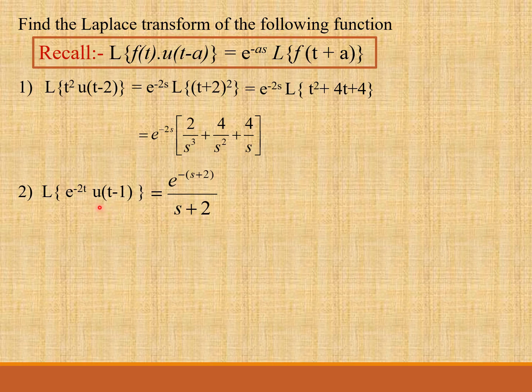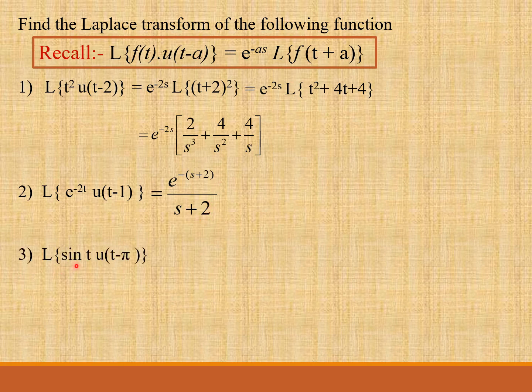The Laplace of this displaced unit step function is e raised to power minus s upon s, and we need to shift this s by s plus 2. So final answer for this function is e raised to power minus (s plus 2) upon (s plus 2).